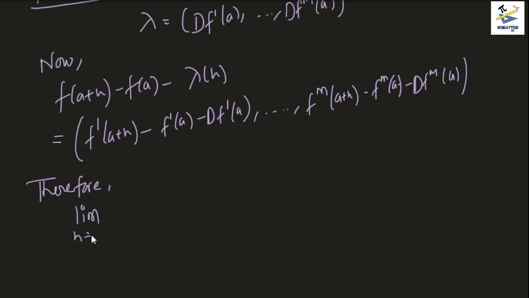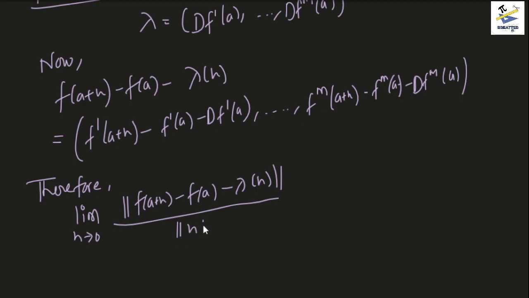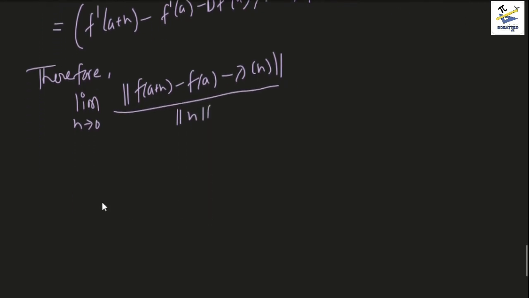Now therefore, limit h tends to 0 of f of a plus h minus f of a minus lambda h, divided by norm of h, this limit should be equal to the norm of, we know this vector is basically represented as this, and when we take the norm of that, it's basically a summation but in square root form.